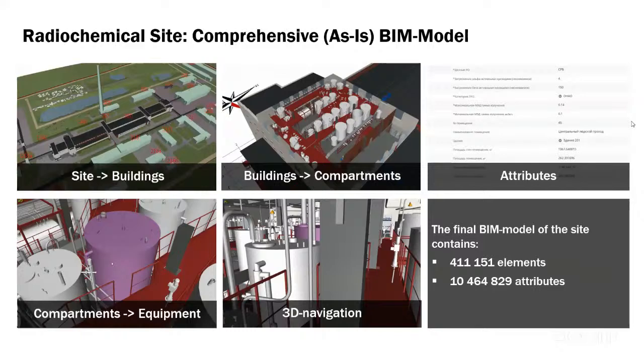We can obtain the characteristics of any of these assets, and we can provide search and 3D navigation inside the BIM model. The final model of the site contains more than 400,000 elements and more than 10 million attributes. That was one of the biggest BIM models of a nuclear facility we ever made.